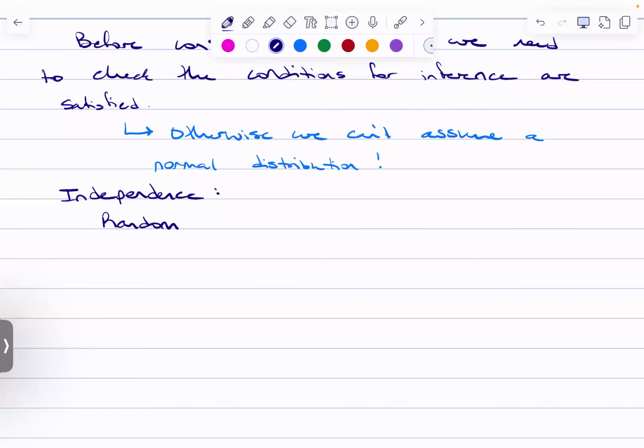I like to do the random still, but in this case, and I'll do it in a different color, green maybe, we're told it is a representative sample. But in general, if you've collected a random sample, you can assume that those observations are independent of each other.